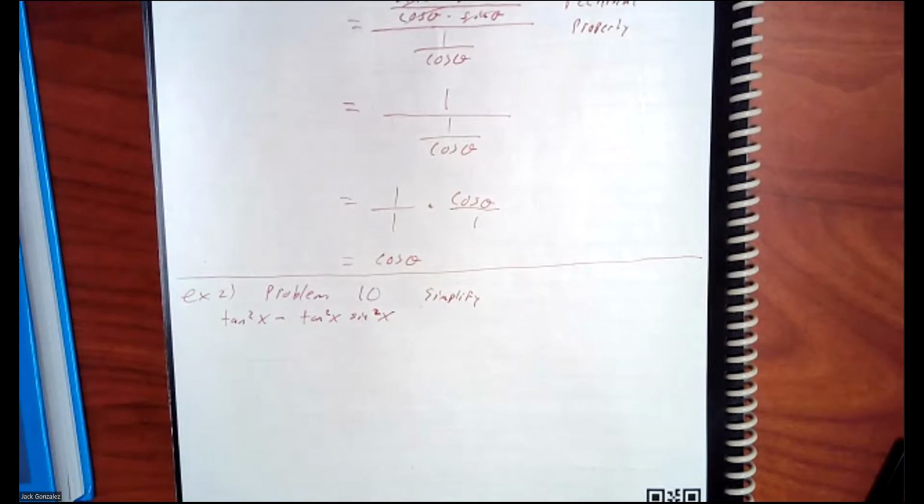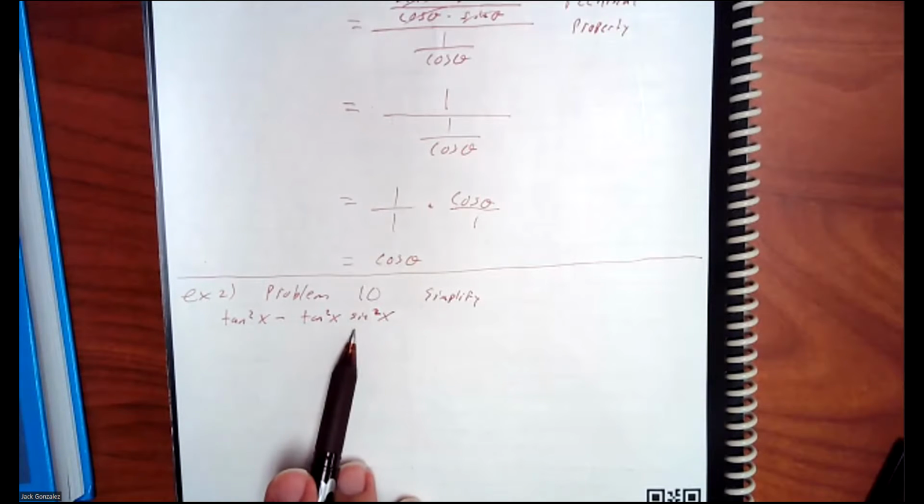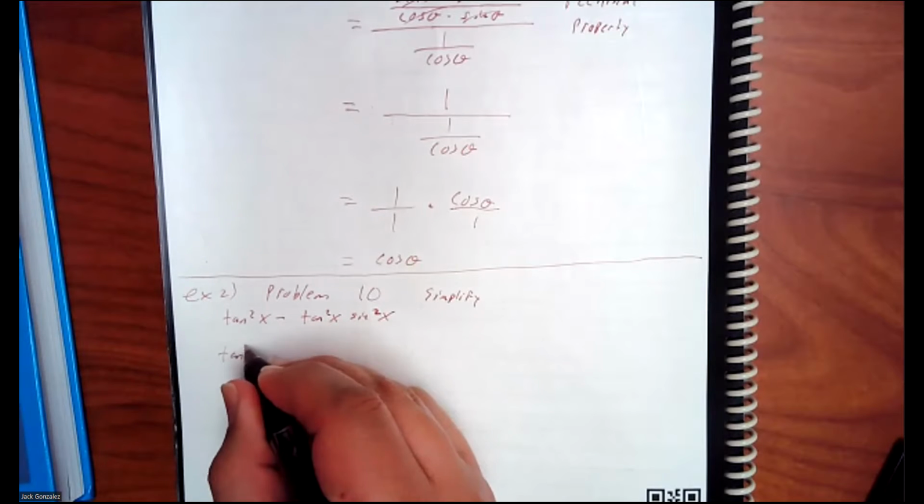So simplify this. There's no right way to do this, just try something. First thing I see is that both terms have a tangent, right? So try factoring a tangent, see what happens.